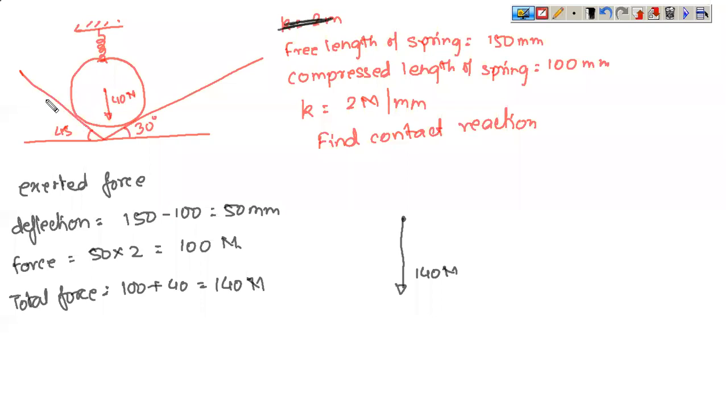So it is supported on an inclined plane of 45 degree. So you will be having a reaction like this. Now if you extend this reaction like this, if this is 45, this is 90, this is 45. Let us say this is surface 1 and this is reaction 1.